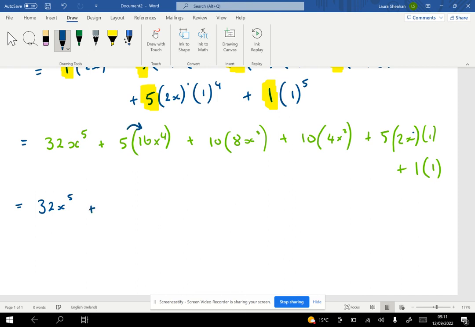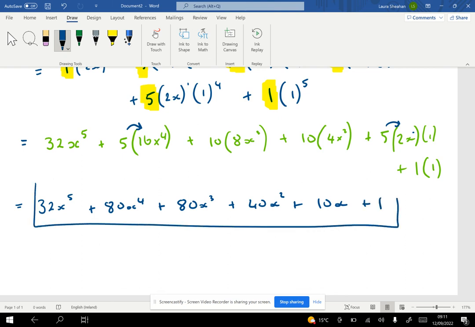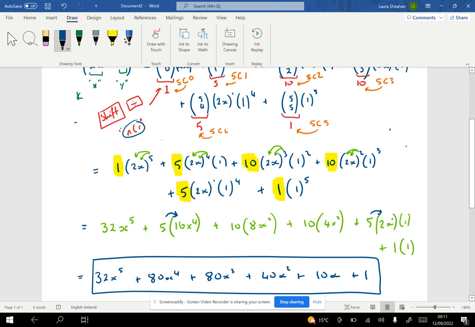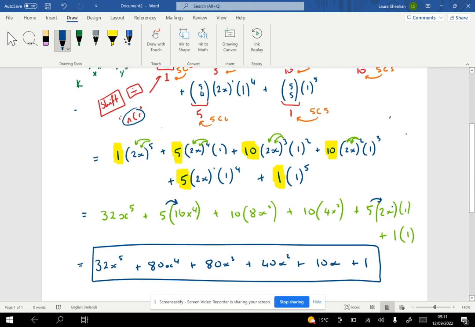Then I have 5 times 16, so I've got 80x to the power of 4, 80x cubed, 40x squared. 5 times 2 is 10x, and times 1 is still 10x, and the last one is just 1. And that is your final answer to that question.